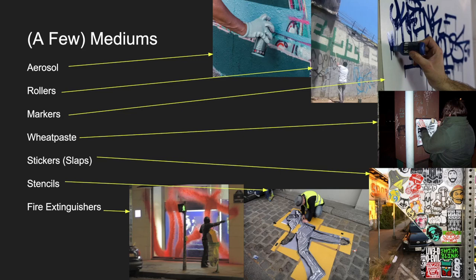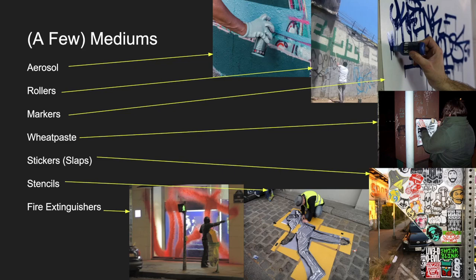Sticker slaps are portable, small, and pre-made, so they have the advantage of getting a mark or a tag up somewhere while being able to prep all of it beforehand, similar to wheat paste. It's the same with stencils as well. You have the advantage of making a really detailed piece without having to worry about applying it at the time. You can just put a stencil down and cover it up.